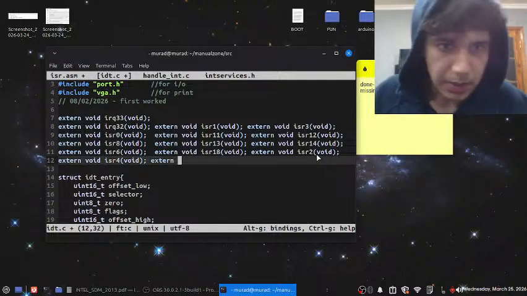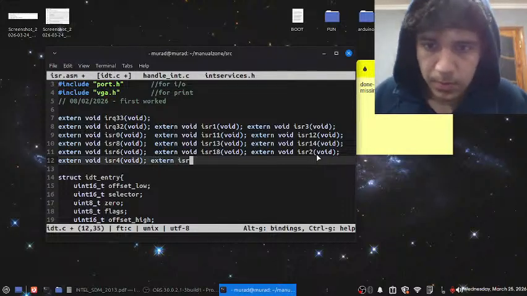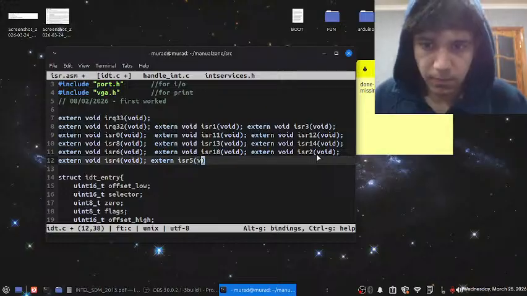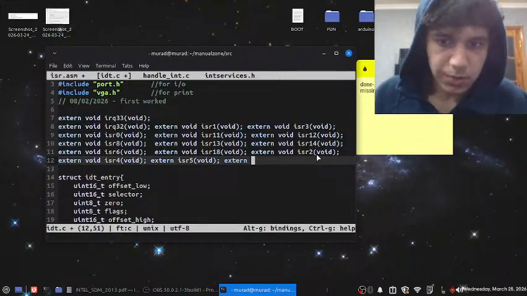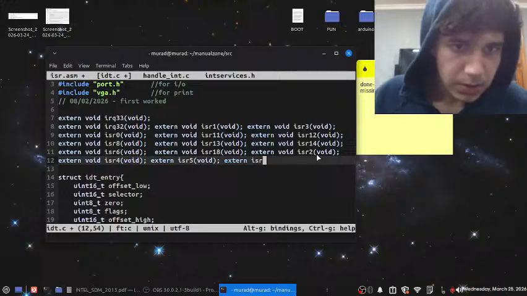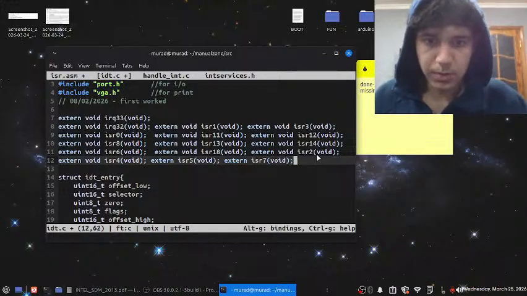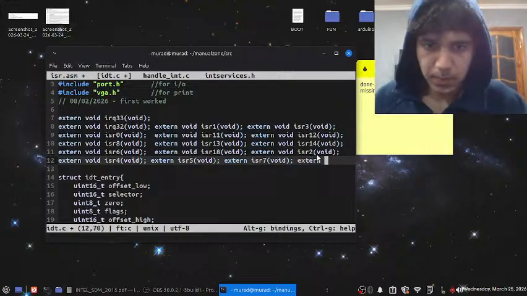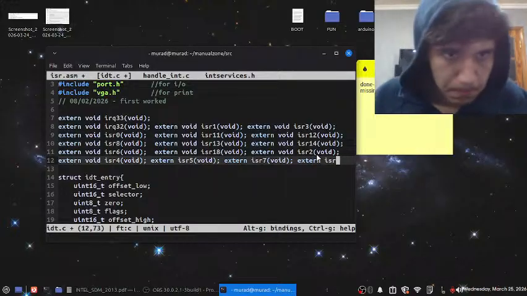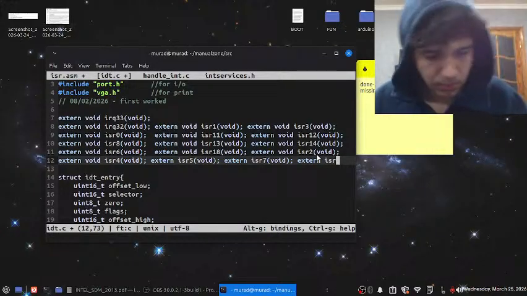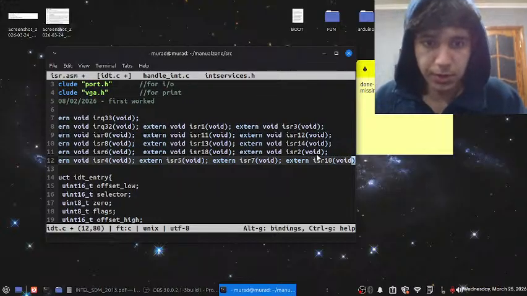External ISR 5 void. External ISR 7 void. 10 void.